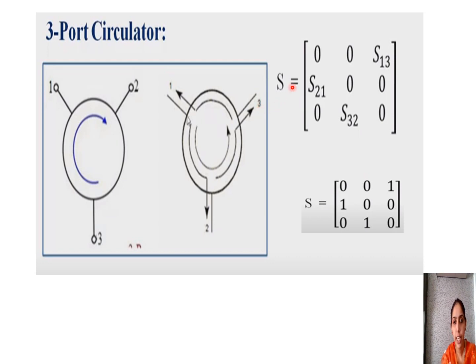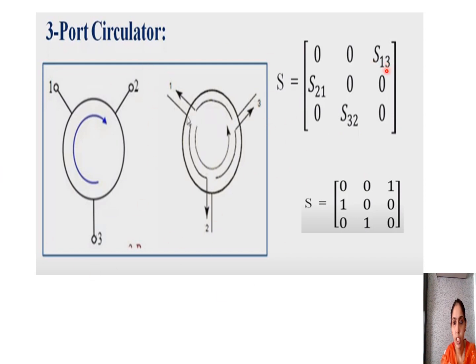When we write the S matrix for a circulator, obviously it is a 3-port which we have considered here, so the scattering matrix will be a 3 by 3 matrix. You can see many elements are 0. It is due to the property of the circulator.